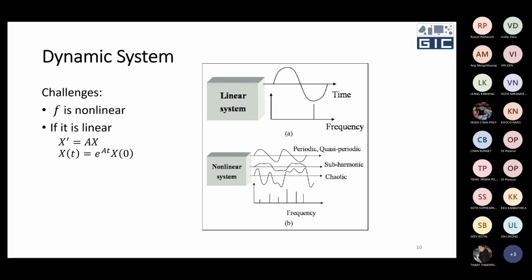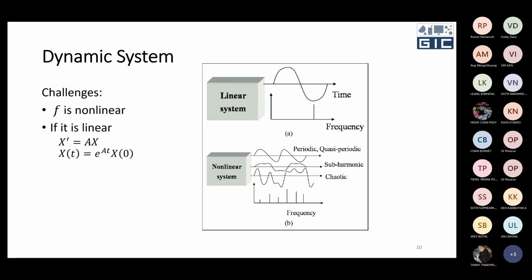As I told you in the previous definitions, when we study the change of phenomena of the system, the non-linear behavior over time, we call it the dynamic system. So if it's linear, for example, our state system is a linear system.